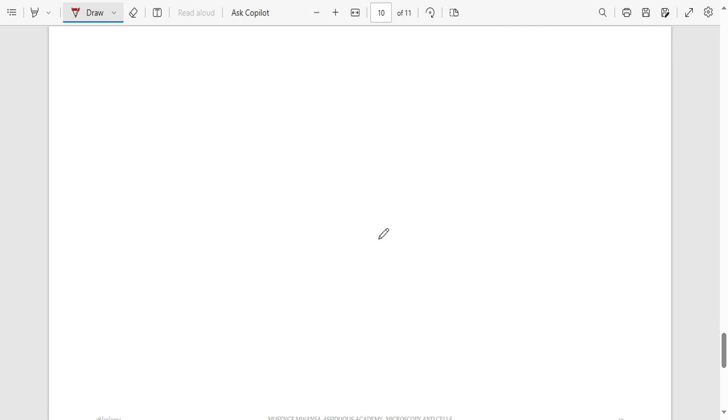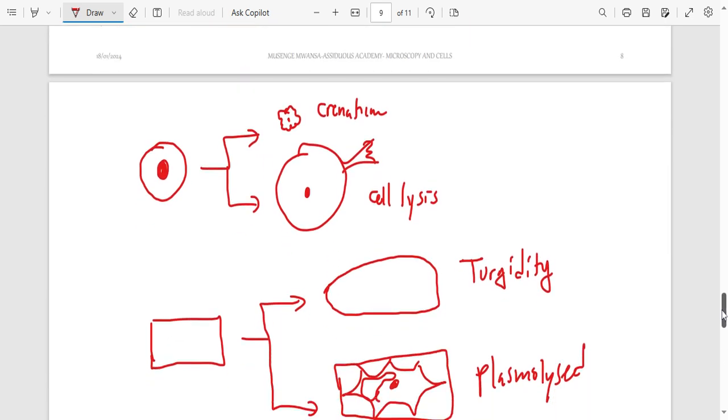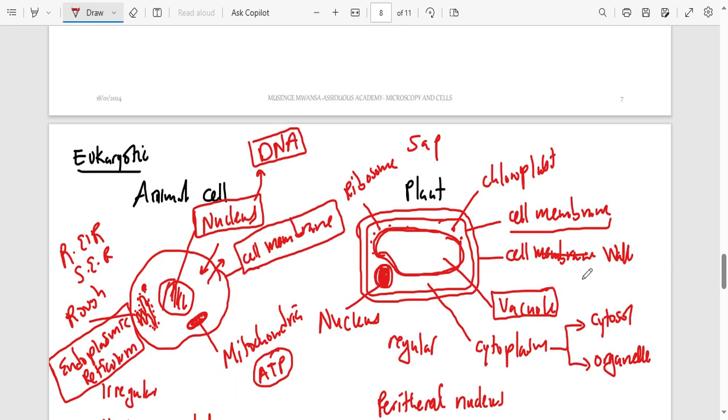Now, those were eukaryotic cells. We had the cell wall, the cell membrane, and the other parts which we have described. Now, just something you need to know about the cell wall of a plant cell. The cell wall is made up of a carbohydrate known as cellulose.